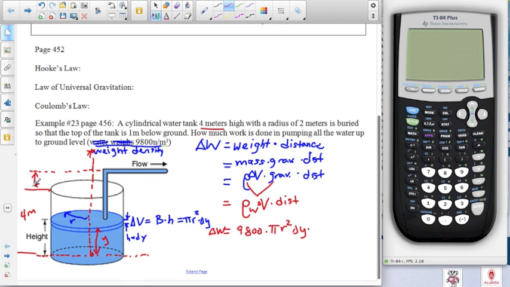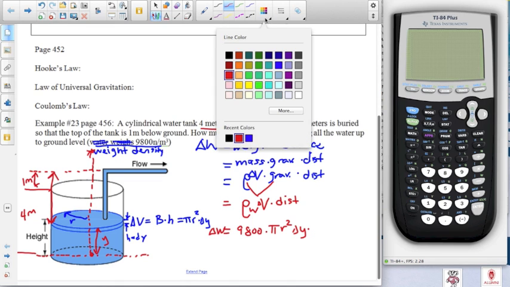So this is 1 meter. So if we're lifting up this height here, which is y, then the distance we have to lift the disk is this distance here.